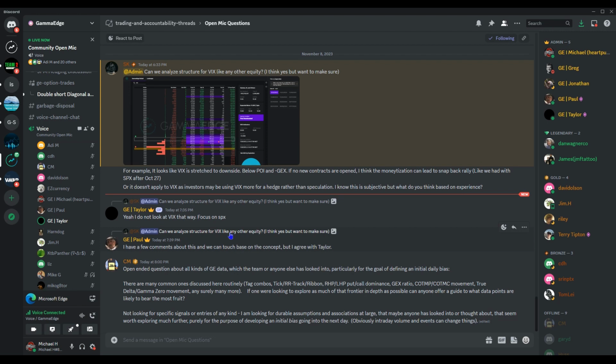And then most importantly, to me, intraday trading is the transition zone. We have the GammaEdge transition zone, which is defined as: the bottom of the transition zone is negative transition, meaning that strike and all strikes below that are negative GEX. Then we have positive transition, which is that strike and all strikes above are positive GEX. And recently, we've also introduced the delta transition zone, which ideally syncs up with the gamma transition zone.